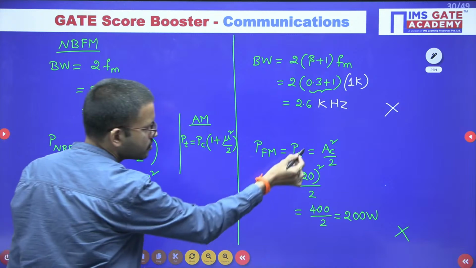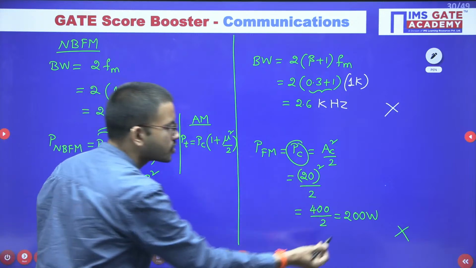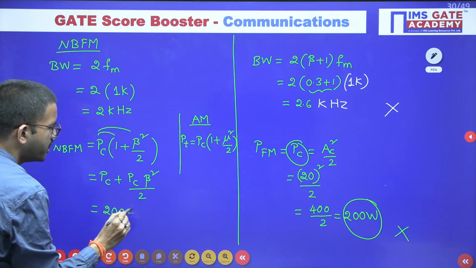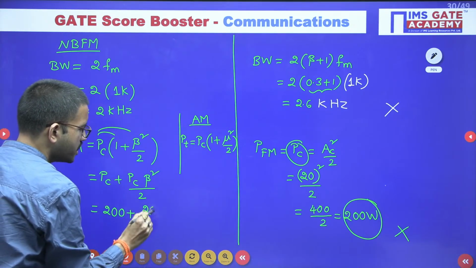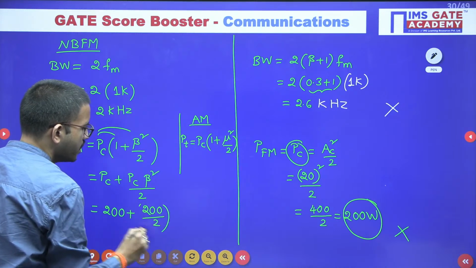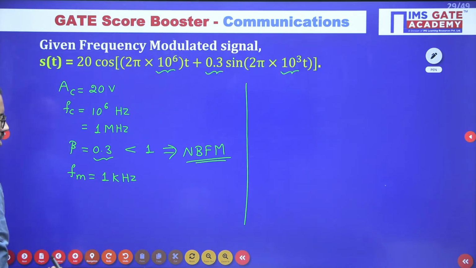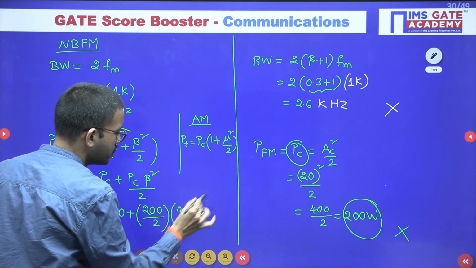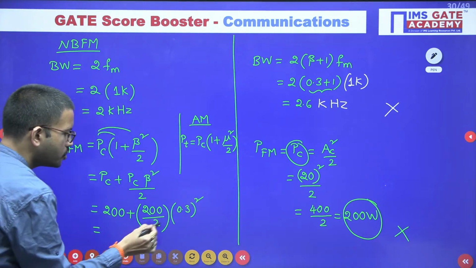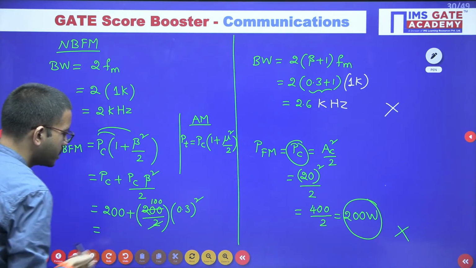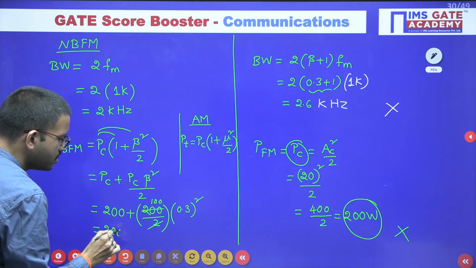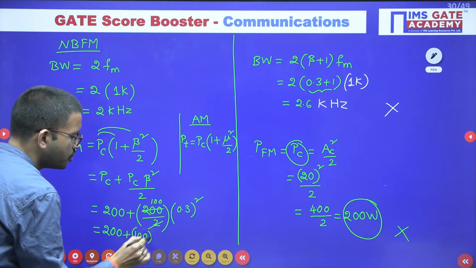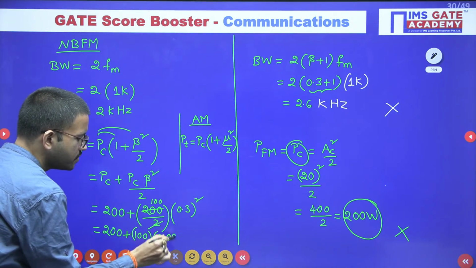Regarding Pc, just now we calculated 200 watt, so we can substitute that value here: 200 plus 200 divided by 2 times beta square. Here the beta value is 0.3, and 0.3 whole square is 0.09.